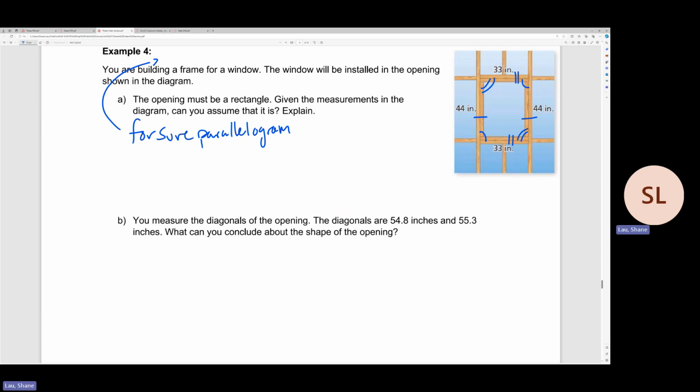It says that the only way to define a rectangle is four 90-degree angles. If I don't have four 90-degree angles, then it's not a rectangle. I can't confirm that, I can't say that for sure. And because I can't say that for sure in this problem, this is not a rectangle.